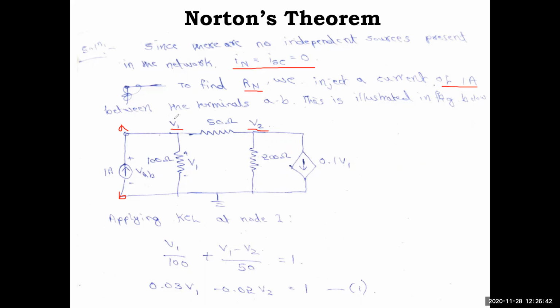If you apply KCL at node 1, 1 amp current is entering the node, which is opposite to our assumption.